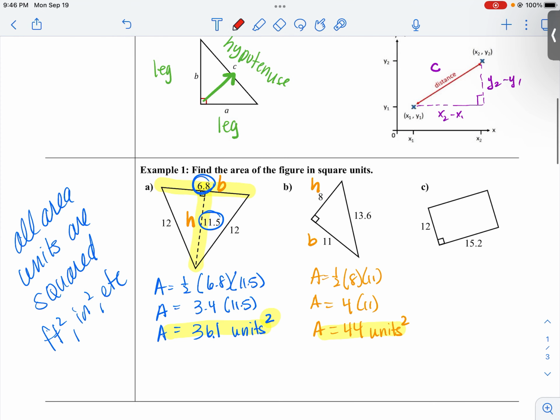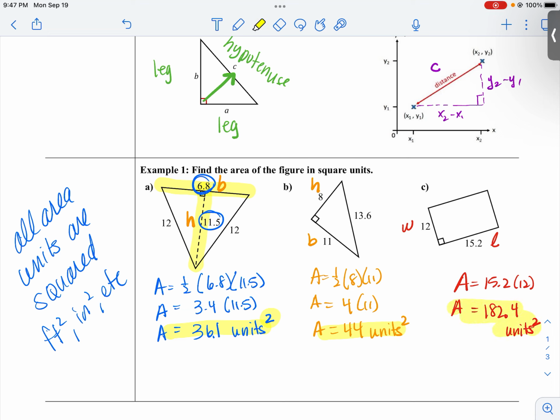All right, number 3, C. C is just a rectangle. So because it's a rectangle, I only have to worry about the length and the width. That's a cursive l, just because we use a little lowercase l to represent that. So area equals 15.2 times 12, which is 182.4 units squared.